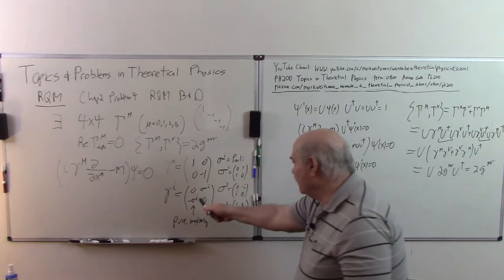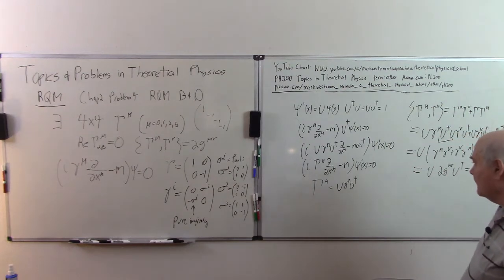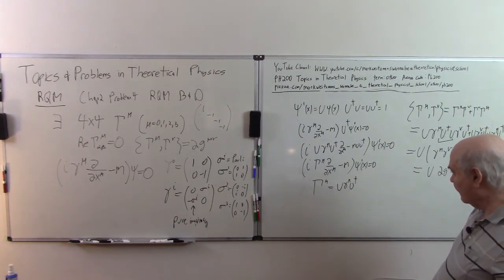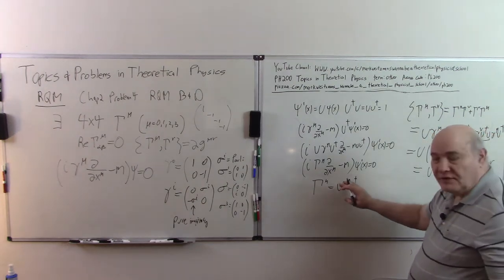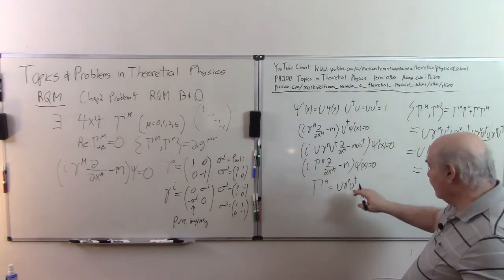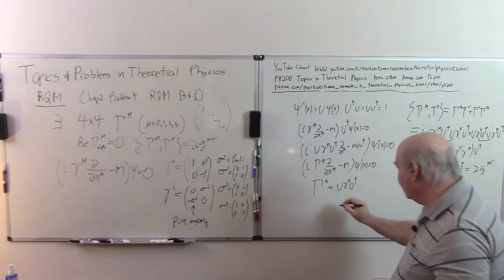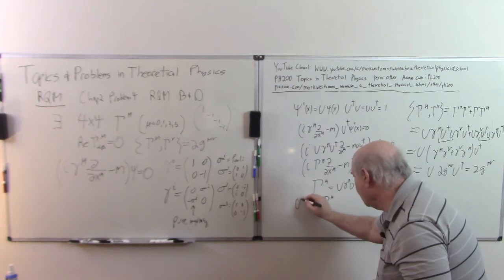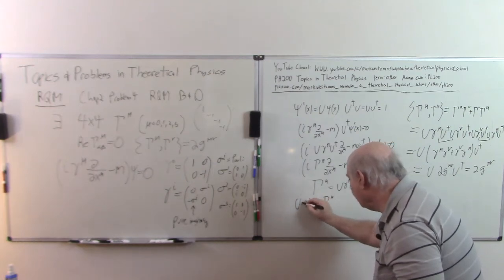So we want to do a transformation which leaves gamma 2 alone. If we use u equal gamma 2, that will work. The problem is it won't change the complex or real or imaginary character of any of the other matrices.